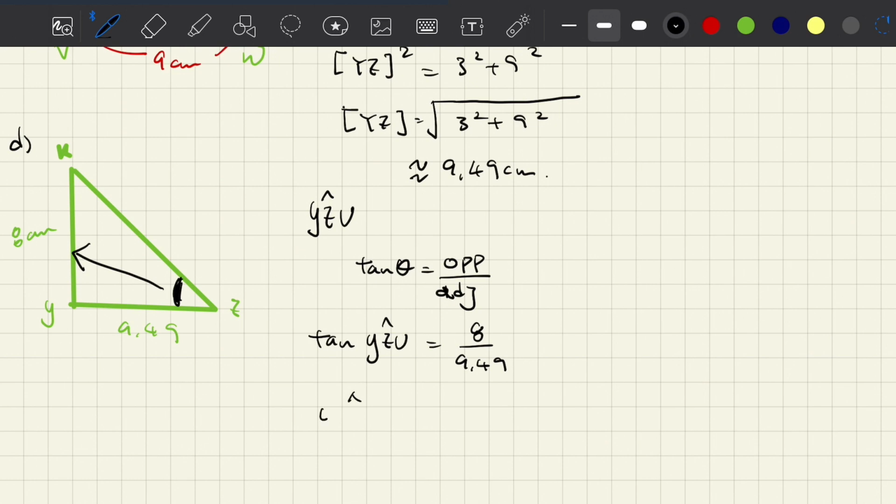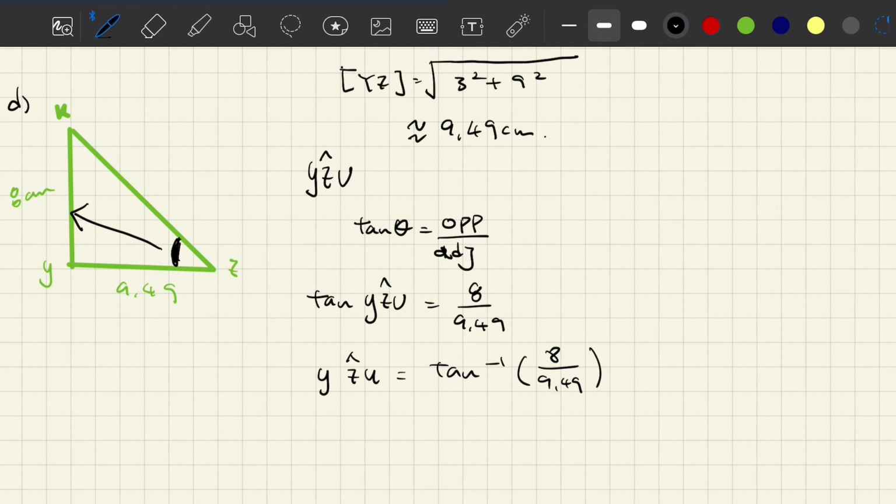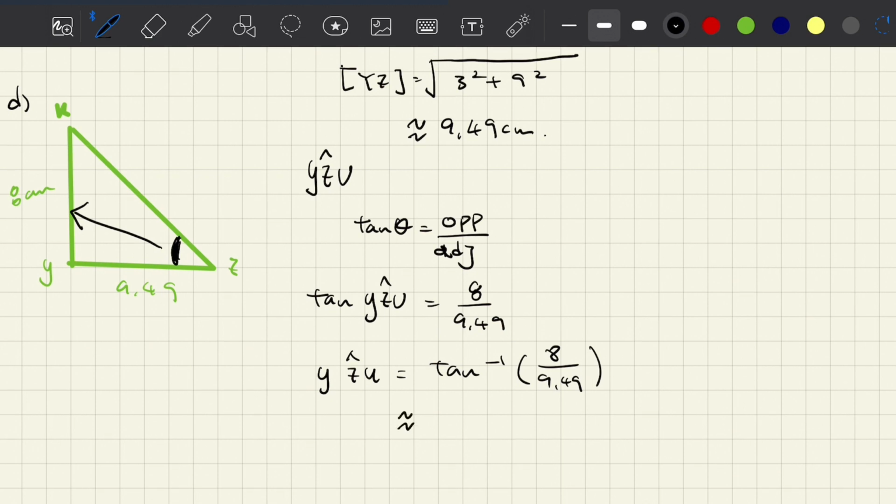The angle YZU is the same as tangent inverse of 8 over 9.49. Then we can say that angle YZU is approximately 40.1 degrees.